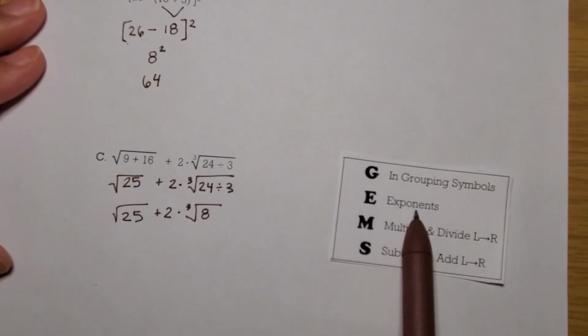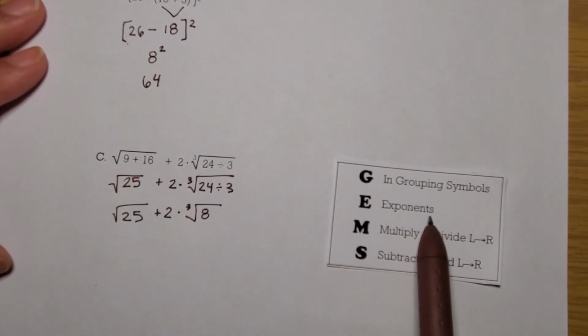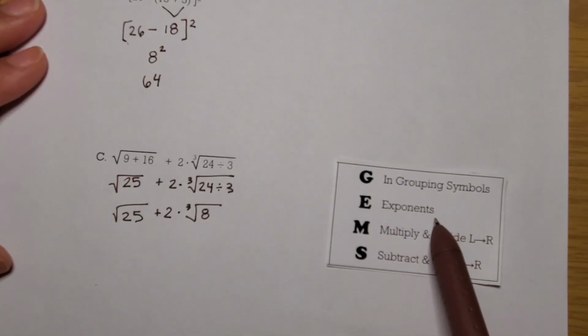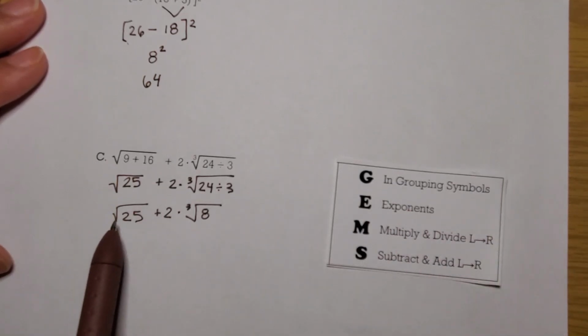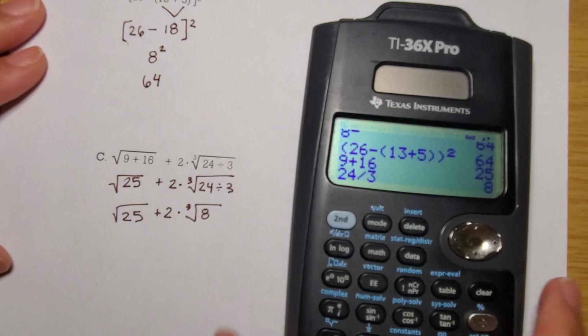Now we move on to exponents. Now I'll remind you, exponents really stands in for exponents and radicals, because nth roots and exponents undo each other. They're going to be on the same level. So I notice that we have a square root happening here. So that's on the exponent level.